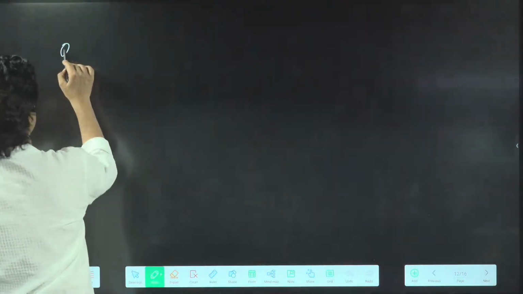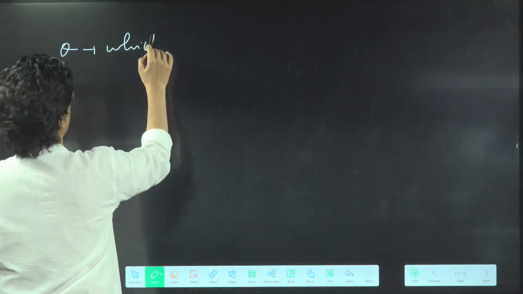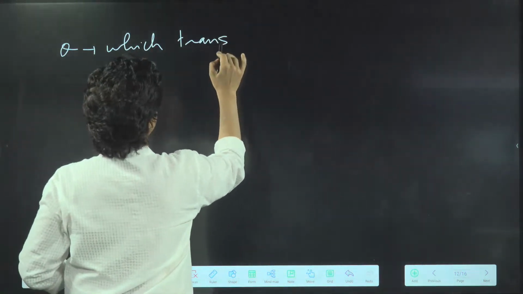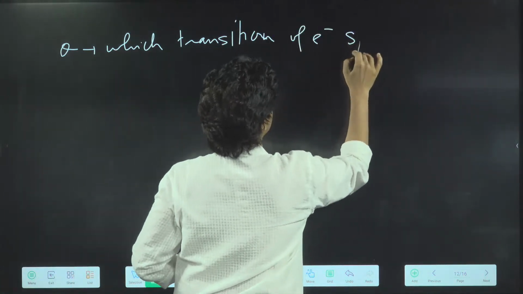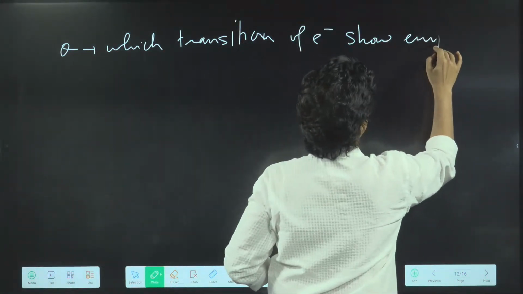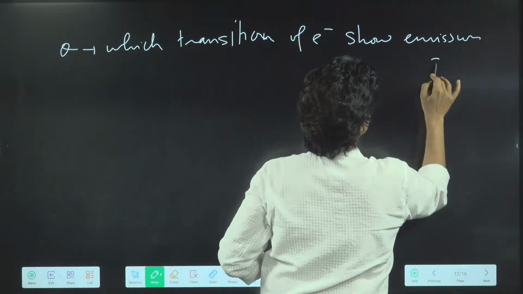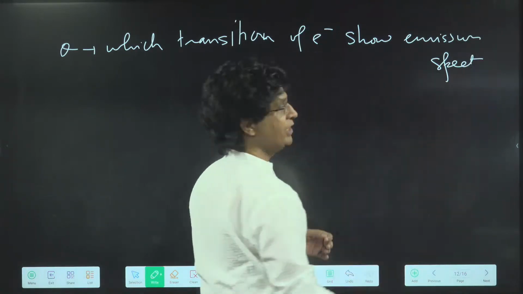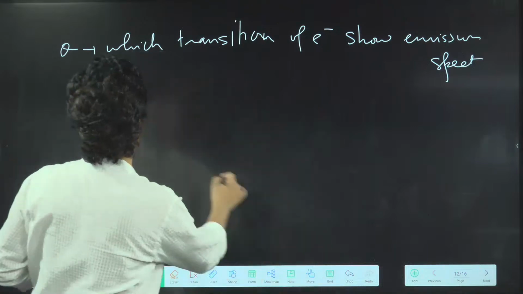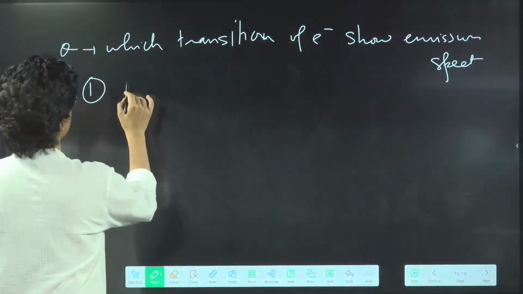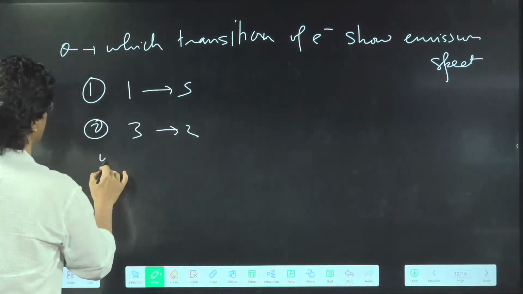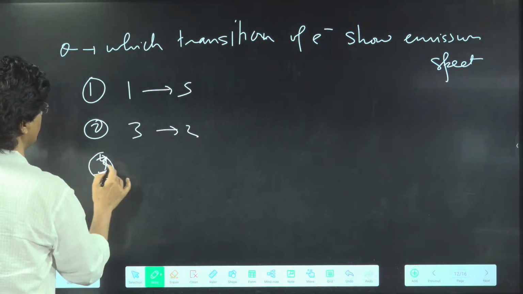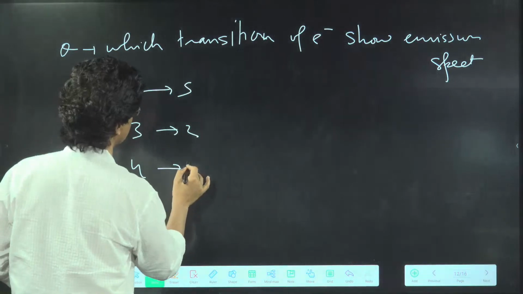Now see a few questions. First of all, which transition of electron shows emission spectrum? First, 1 to 5. Second, 3 to 2. Third, 4 to 7.